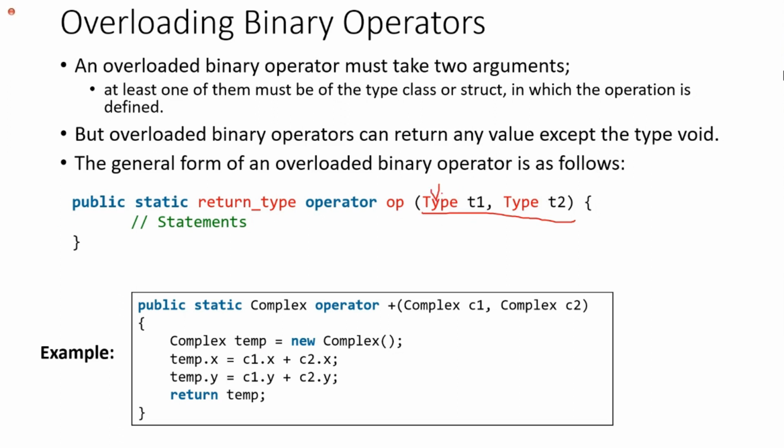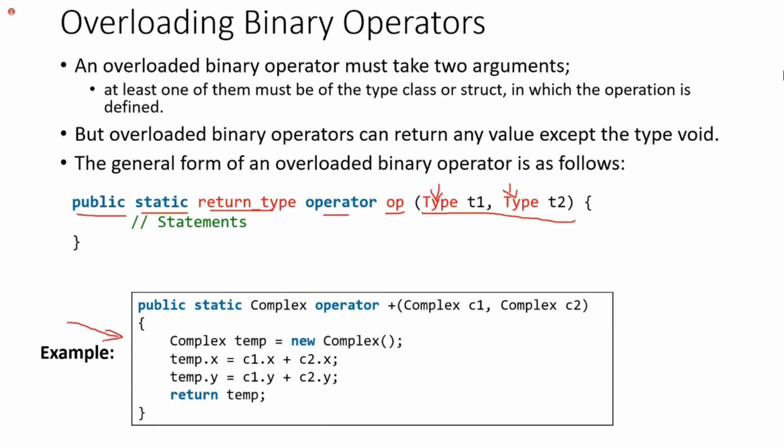Now here we are using the same type because we are going to add two complex numbers here, right? And the remaining part is same. It's public, static, that must be, return type. Operator keyword should be there and the operator is there. So this is one example.